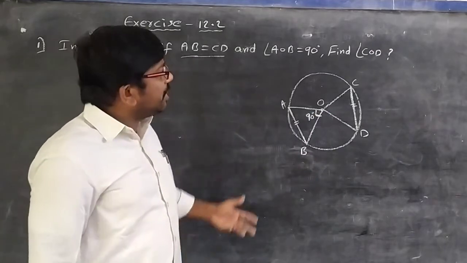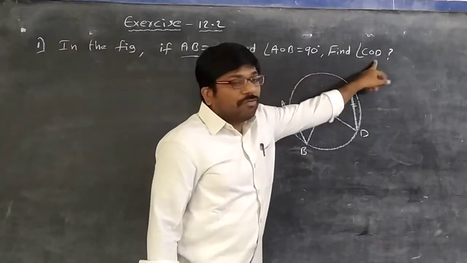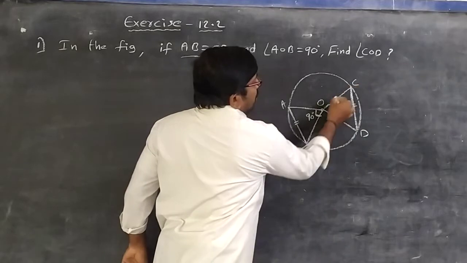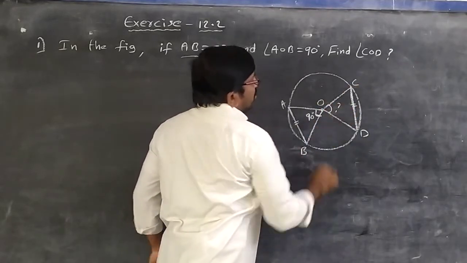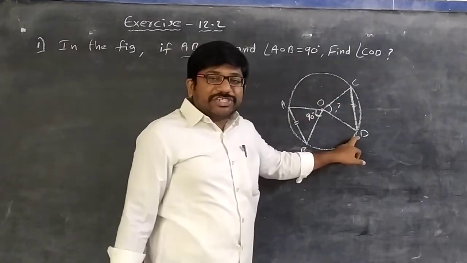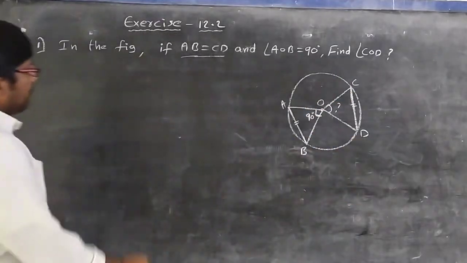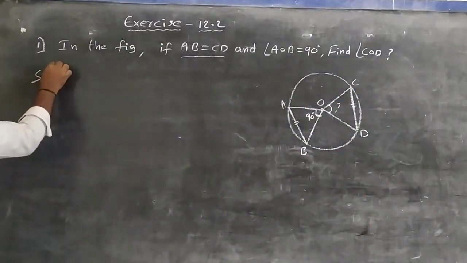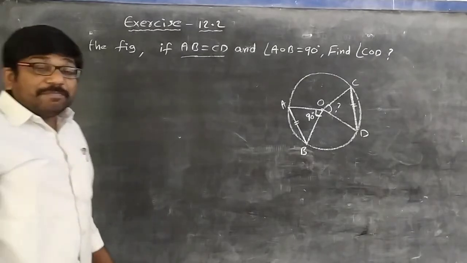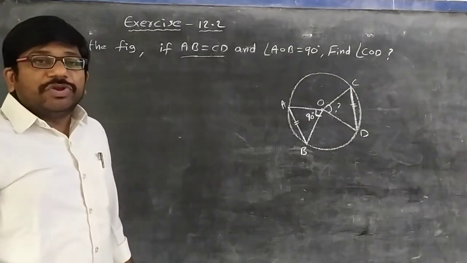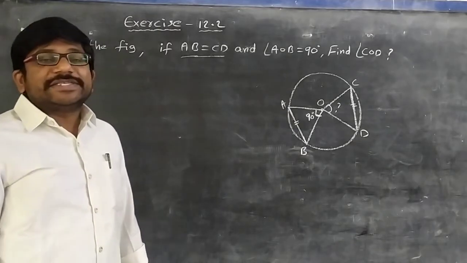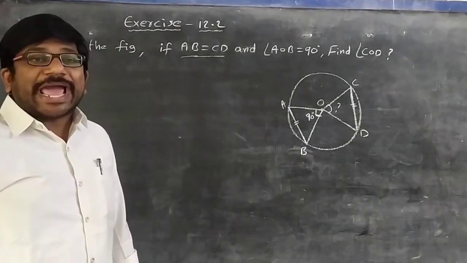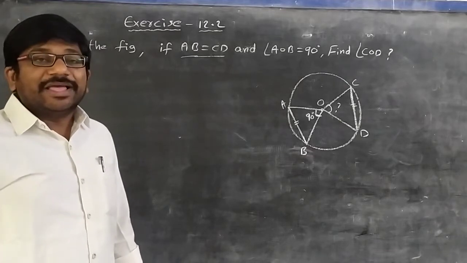Then what is the question? Find angle COD. So now we have to find angle COD, right? So observe carefully. From theorem 1, we know very well the first theorem: equal chords subtend equal angles at the center in a circle.